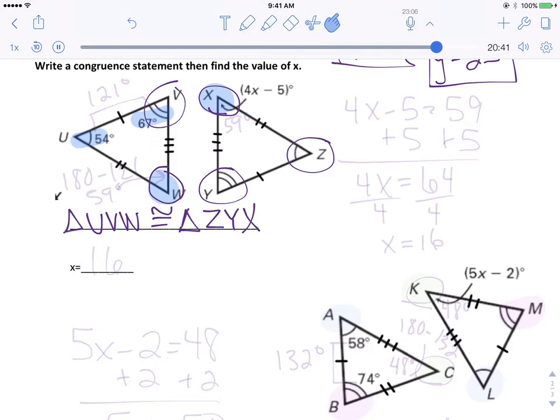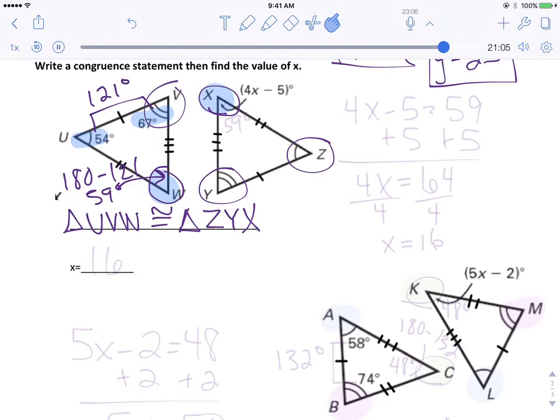So just like we were doing in our notes last week, looking for that missing figure, we're going to add up these two angles. So those are going to add up to 121 degrees. And then in order to find this missing value, we're going to take 180 minus 121, which is going to give us an answer of 59.